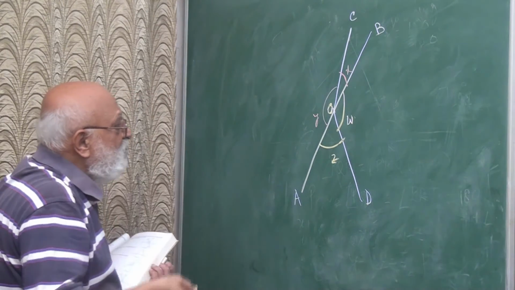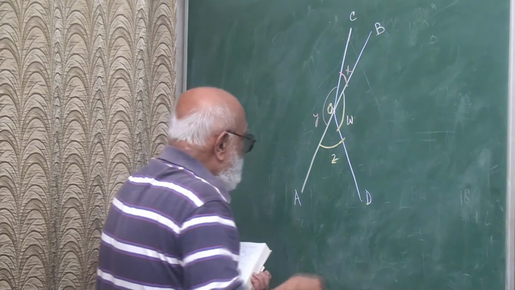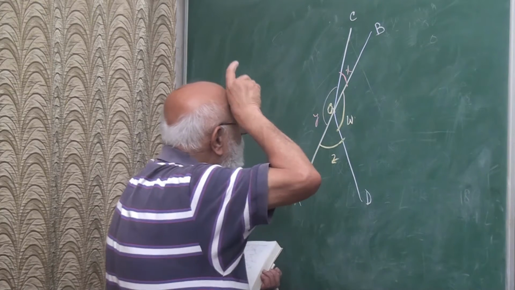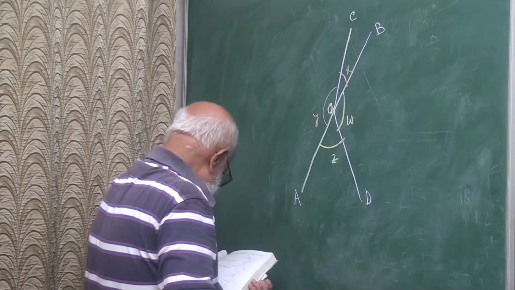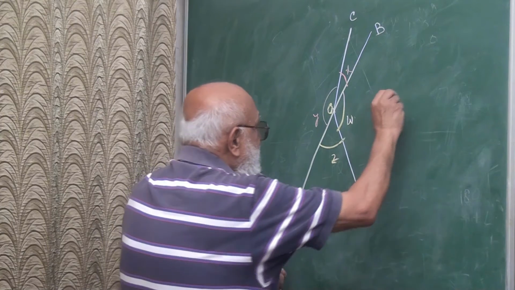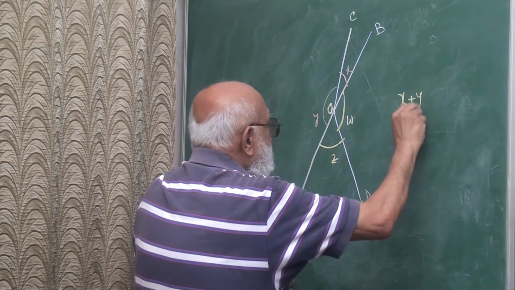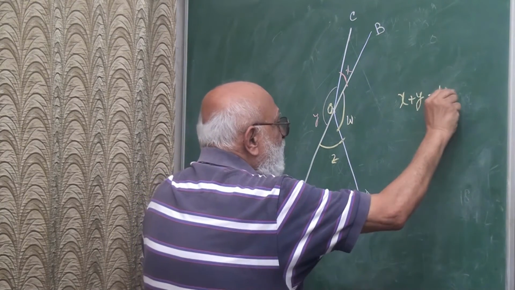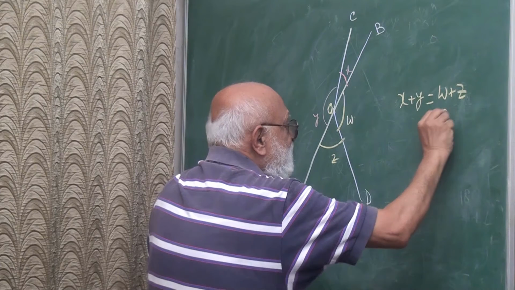This is again one line. What you have to prove? I have to prove that AOB is a straight line. And it is given X plus Y is equal to W plus Z. This is given.